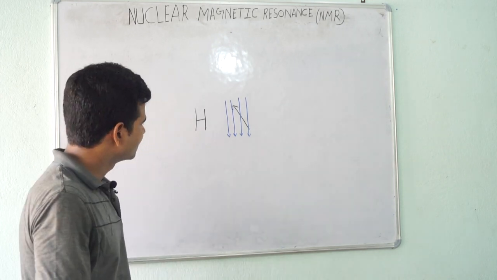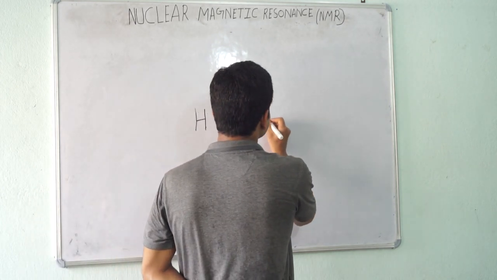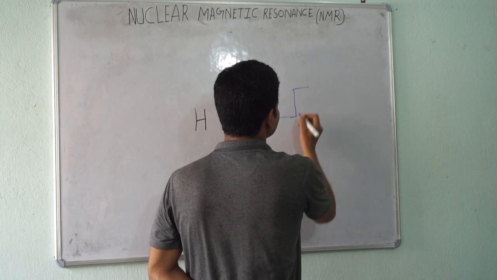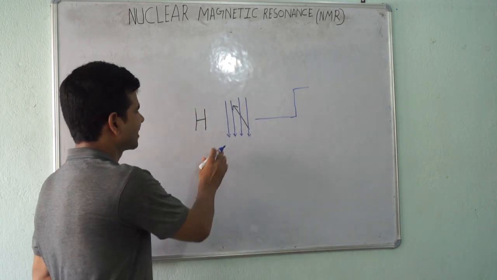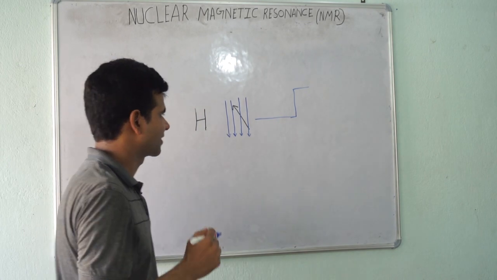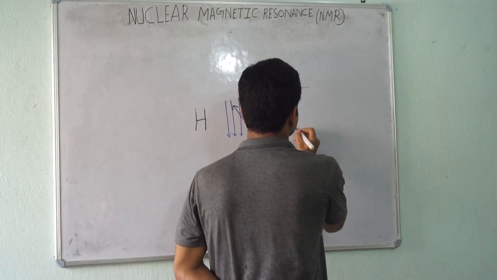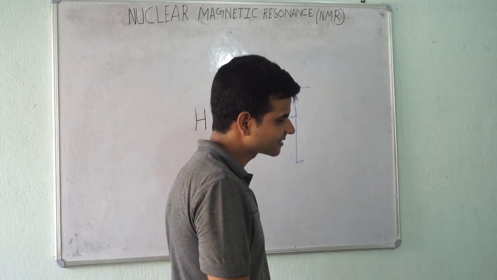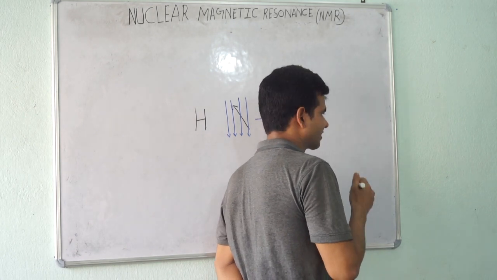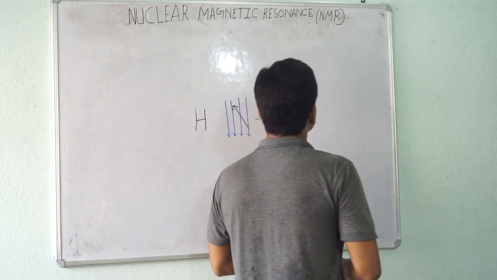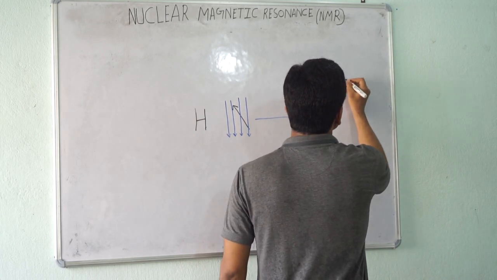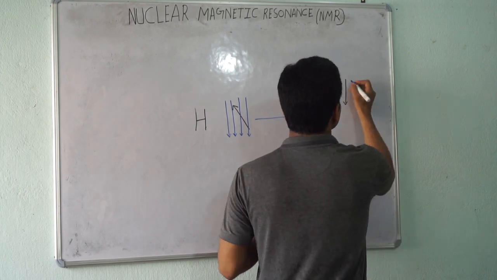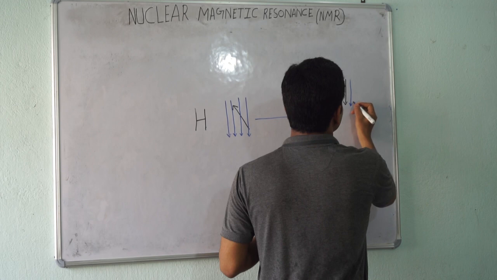If we apply an external magnetic field to the hydrogen atom, then two events can happen. First, the hydrogen atom can align itself with the direction of the applied magnetic field, like this.